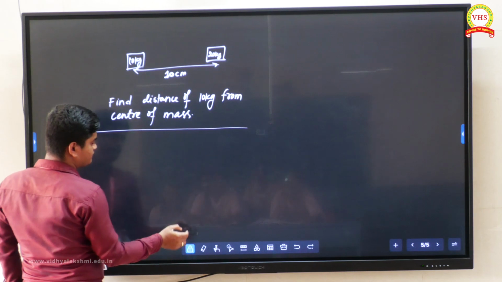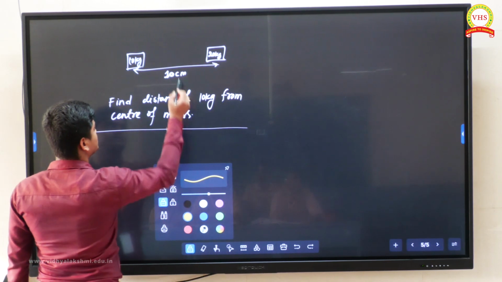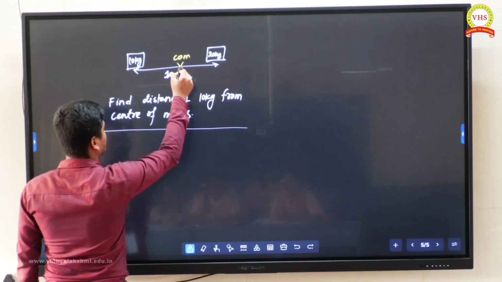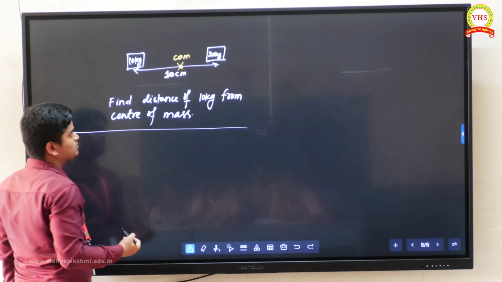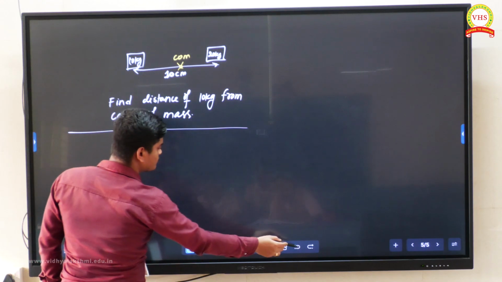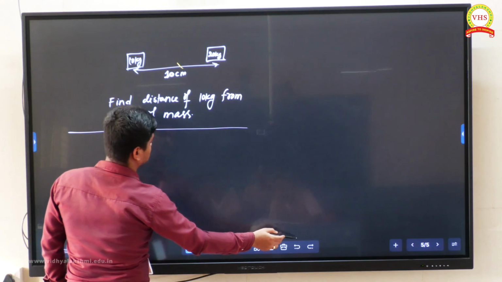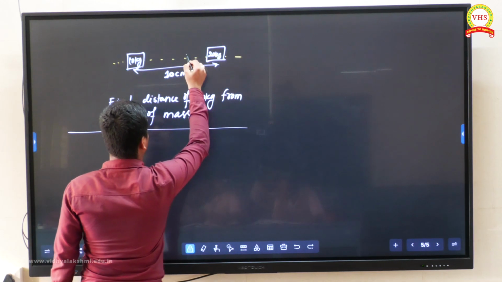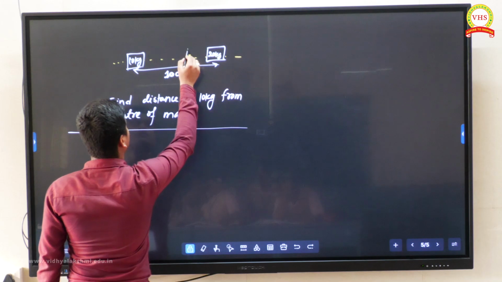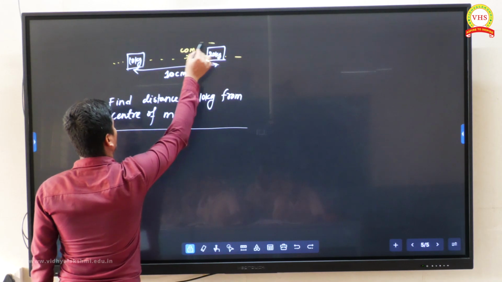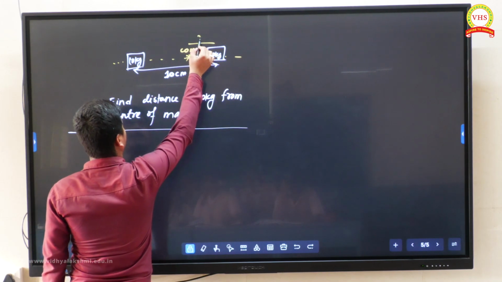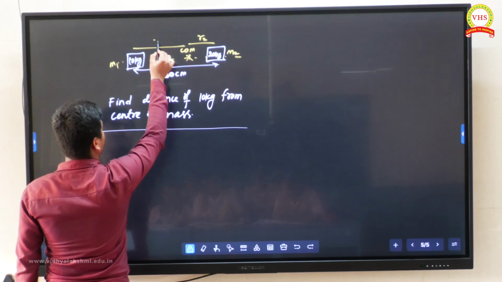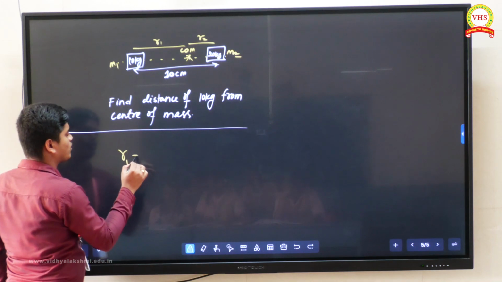Now here, just take directly. Here one point you take near the 20 kg, the center of mass. So let's take your center of mass is here somewhere. Yes or no? Okay. This distance, you can take R2. If this one is M2, this one is M1, now this distance is R1. Now again you want to find R1, right?